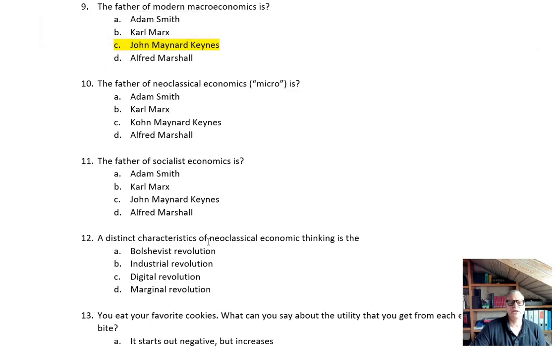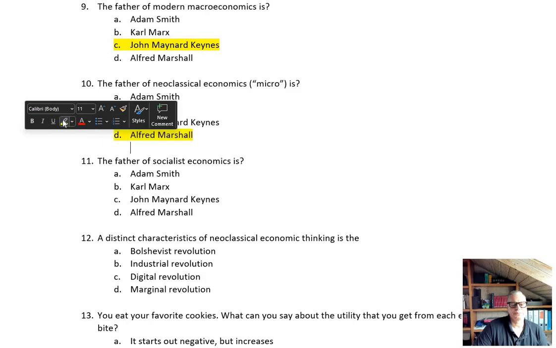Question 10, the father of neoclassical economics, or micro, is Adam Smith? No, that's more the classical. Karl Marx? There's a typo. John Maynard Keynes? That's macro. Or Alfred Marshall? No, that is Alfred Marshall.